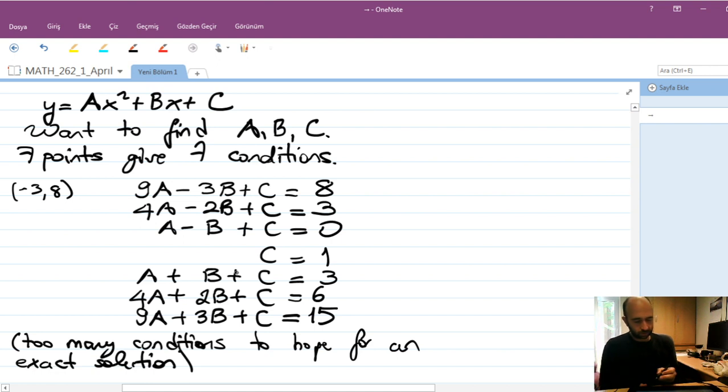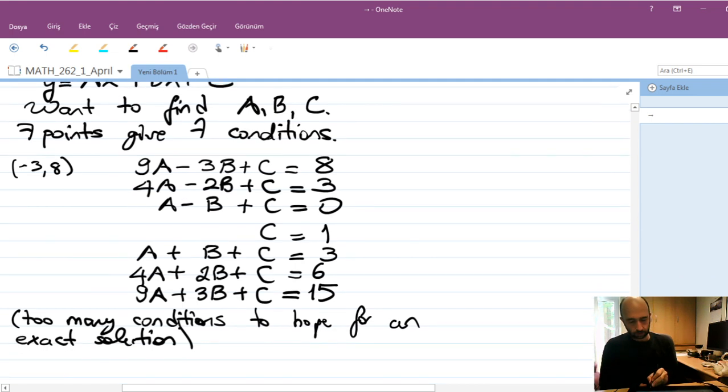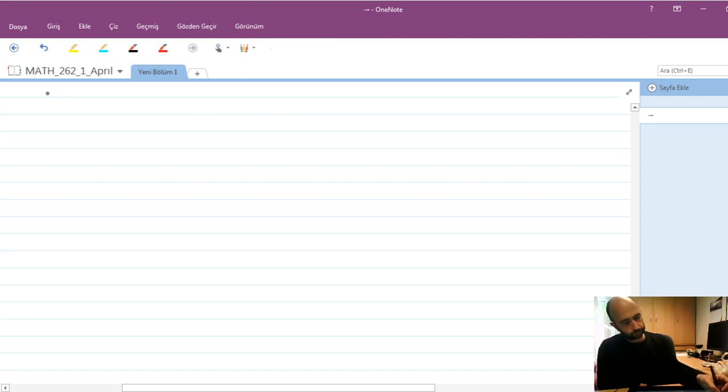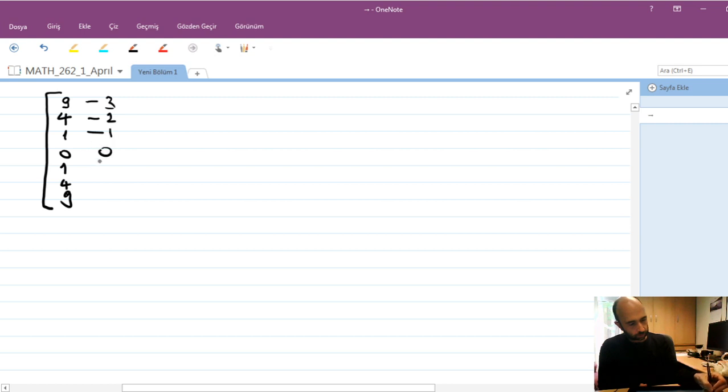So instead, we think of this like a matrix equation, and it would look like this. Okay, you have 9, 4, 1, 0, 1, 4, 9 here. Then minus 3, minus 2, minus 1, 0, 1, 2, 3 here.